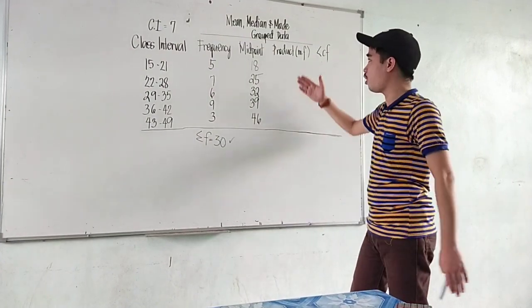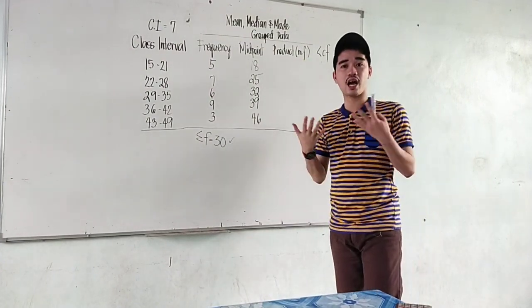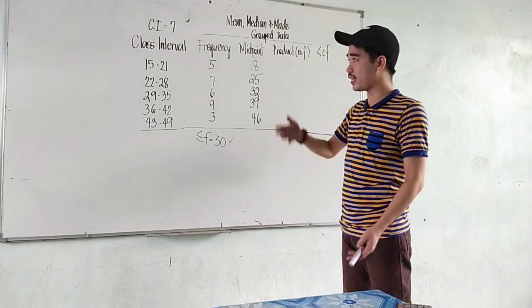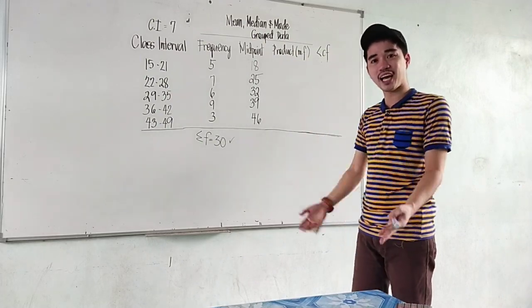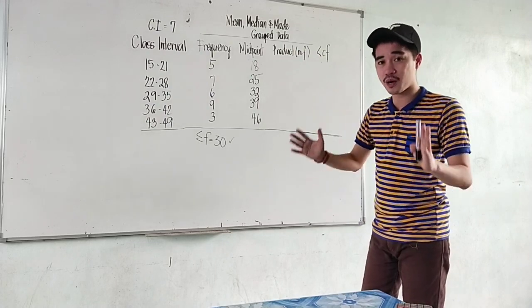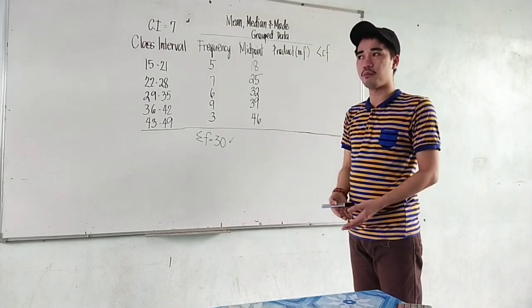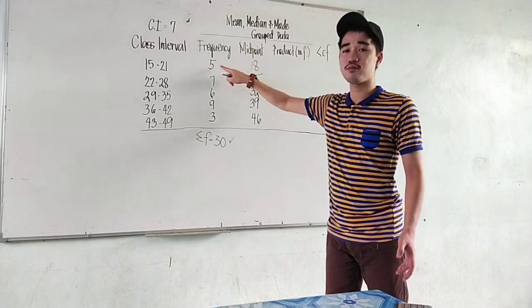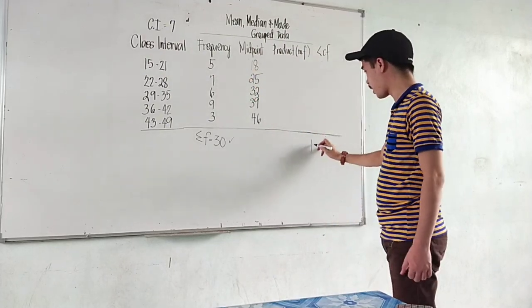Okay, next column, we have the product f times x, the midpoint times frequency. Everything we need is already in the table, so we just need to be careful not to make mistakes. Our first numbers are 18 and 5. Let's compute first here on the blackboard.